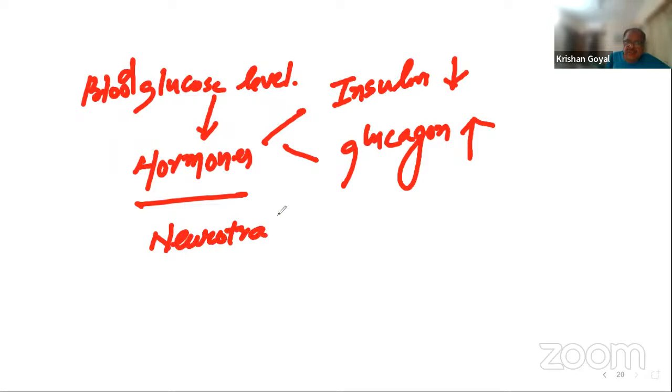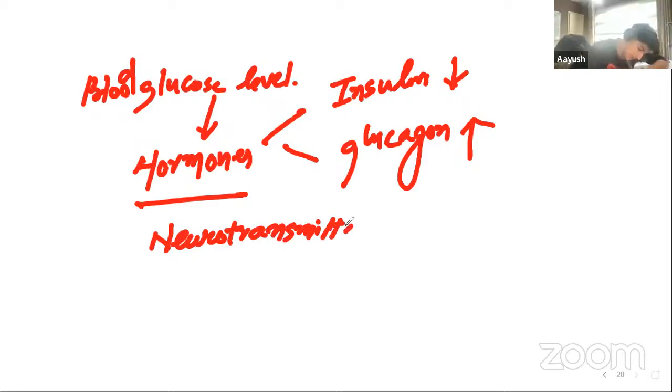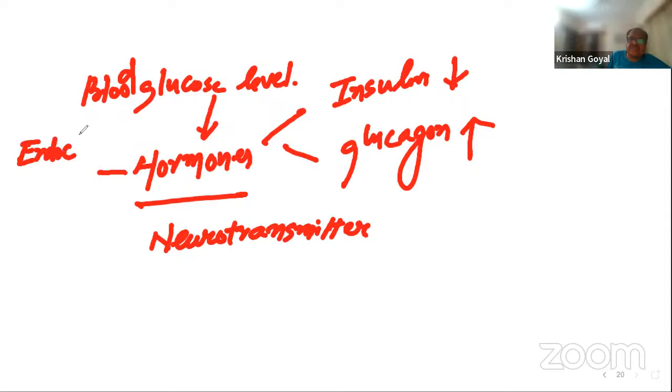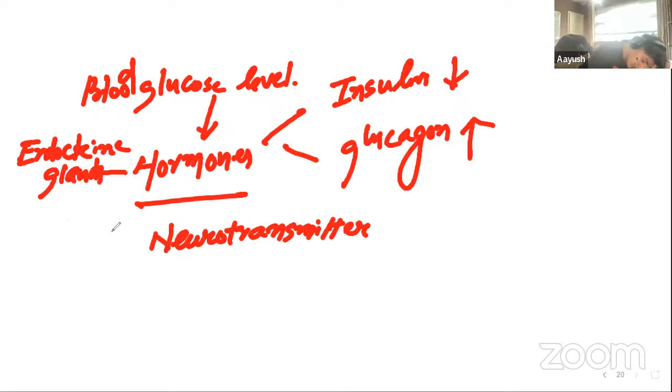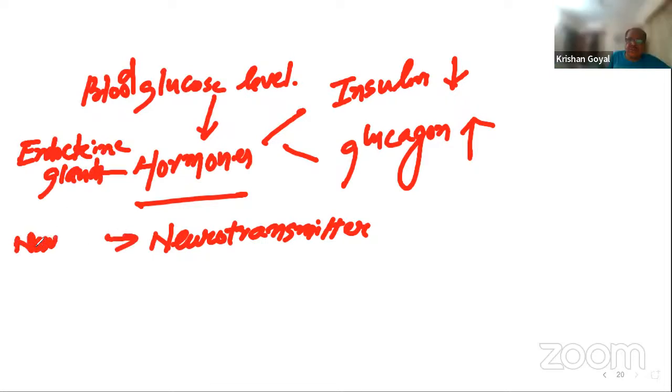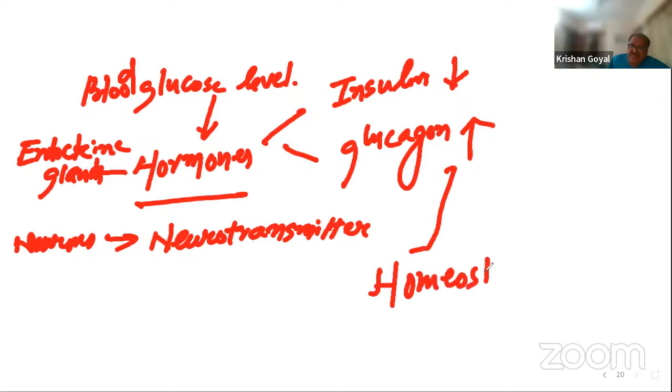These are the chemicals which are secreted by the nervous system, neurons, whereas hormones are secreted by the endocrine glands. Both these collectively interact with each other to bring homeostasis in the body.